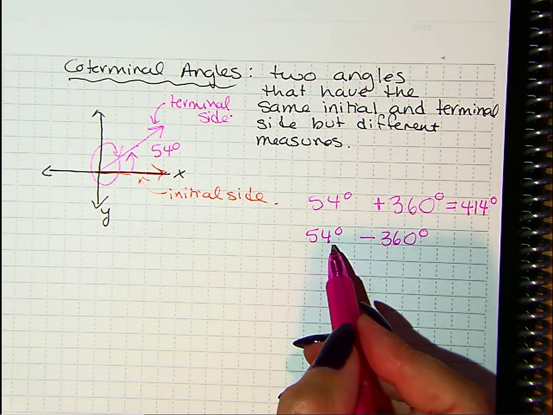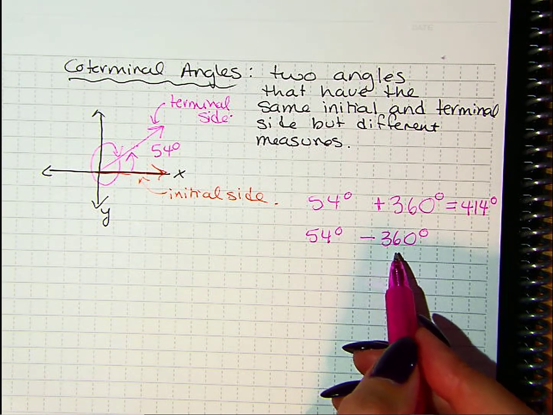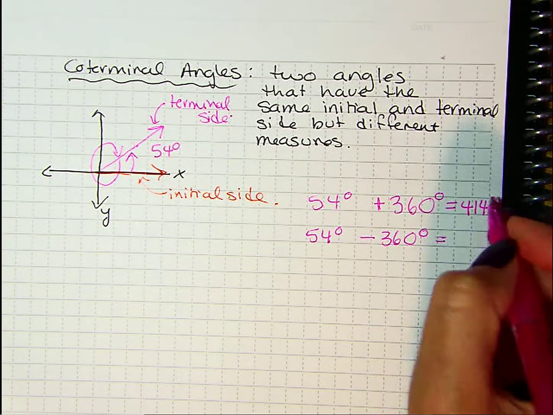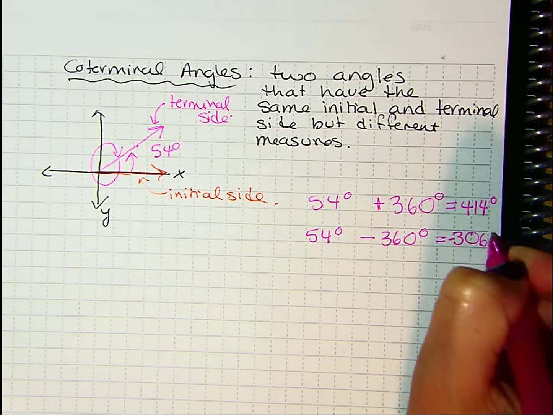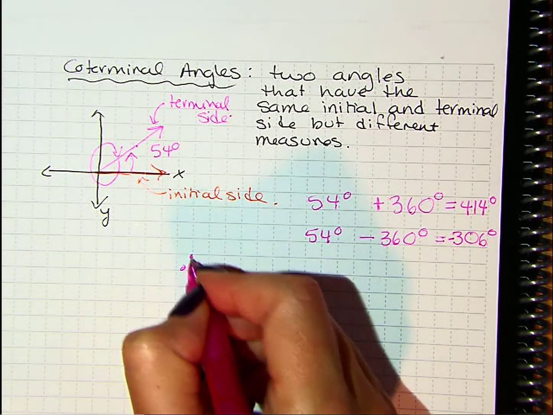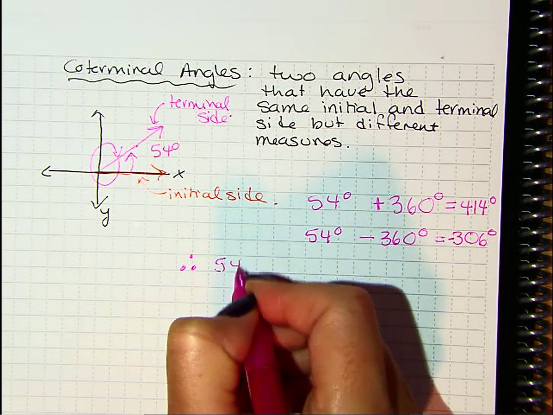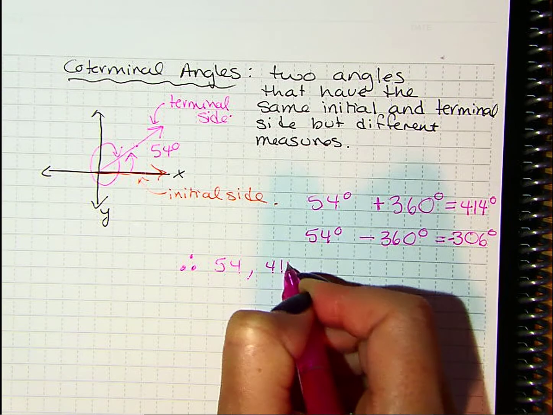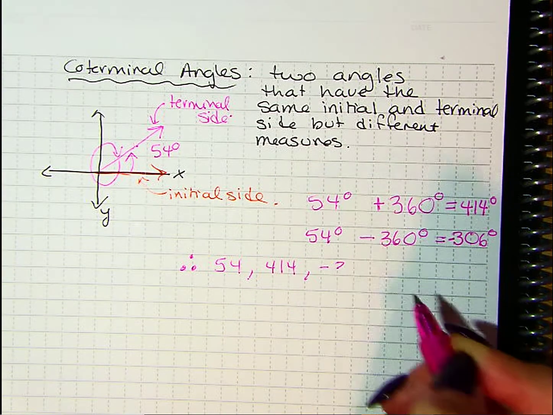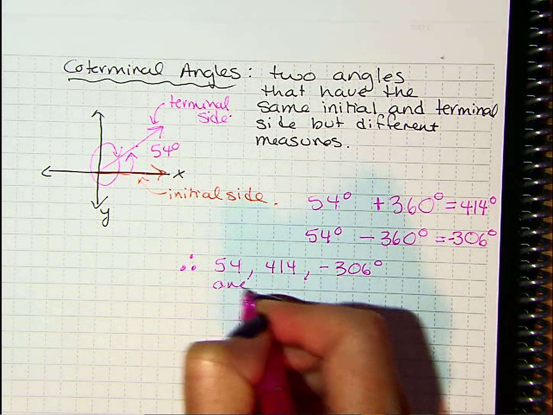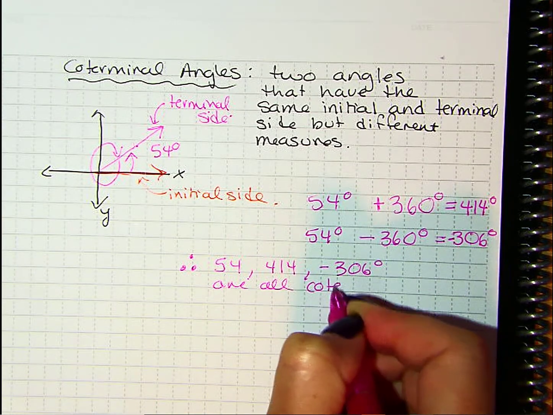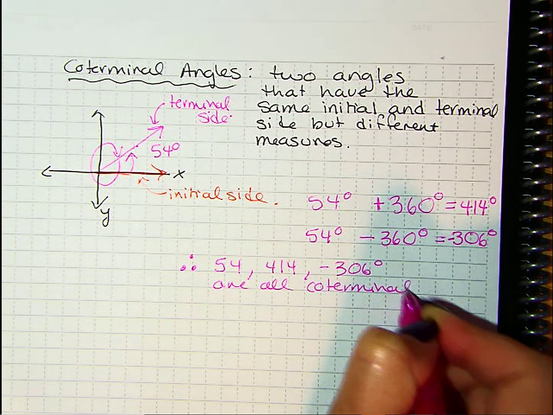If I have 54 and I subtract 360, then I'm left with negative 306. So therefore, 54, 414, and negative 306 are all coterminal angles.